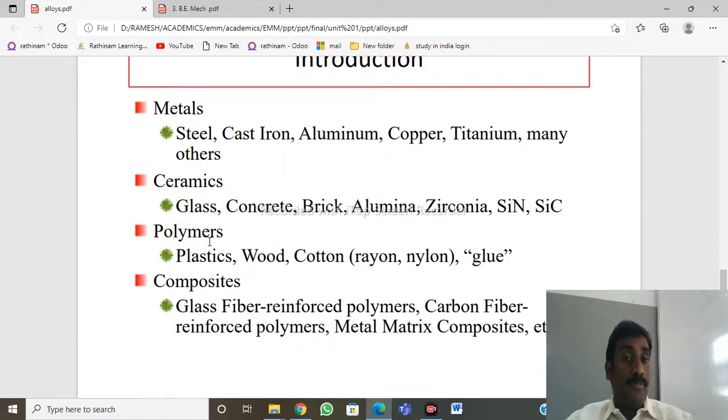The next important category is polymers. Polymers are further classified into plastics, wood, cotton, and glue. We all know how plastics are involved in engineering industries. A lot of things are covered with the help of plastics, which is the cheapest material, but it has some negatives also. It is not degradable in the environment, and it has some pollution effects also.